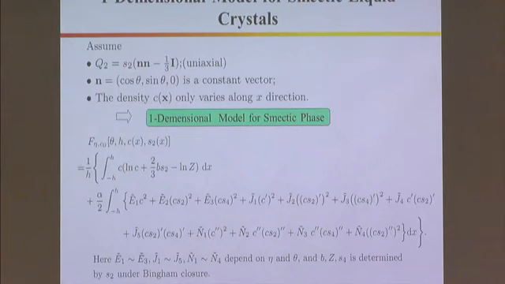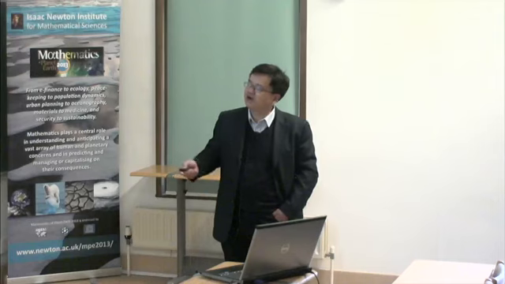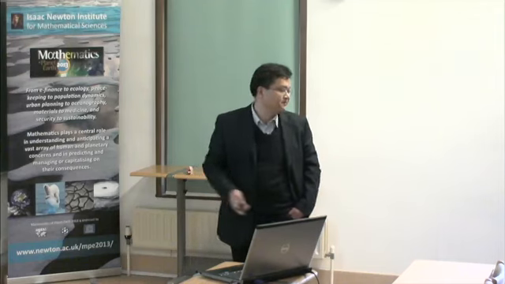If you have the smectic phase, we need the different derivative, but we have two other parameters, C and S. The periodic structure is generated by the function. So the coefficients E1, ER, JR, AR depend on eta and theta, and S4 is determined by S2 by the Bingham closure.